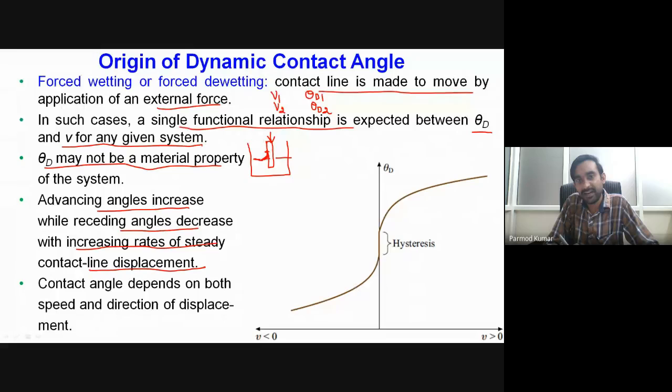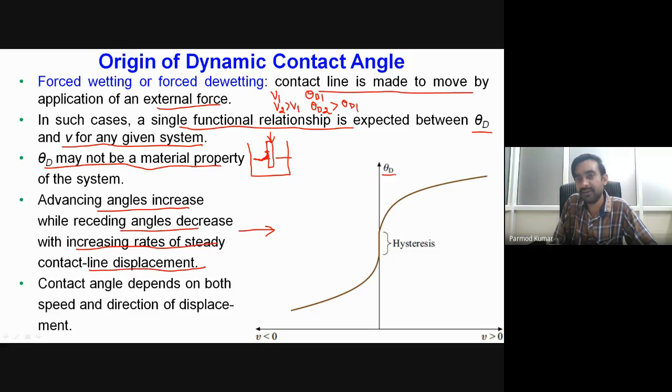While the fluid interface is advancing, if we increase the contact line velocity, say V2 is greater than V1, then obviously theta D2 will be greater than theta D1. And in the other case, receding of the liquid interface, the value of the contact angle decreases.